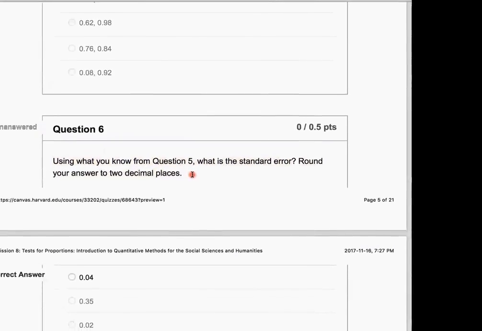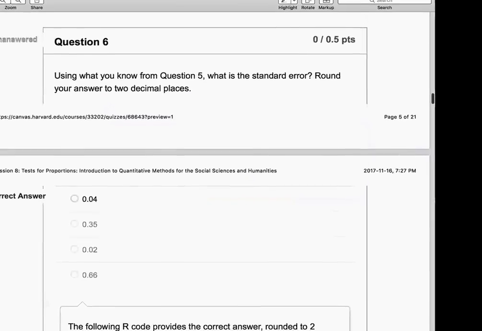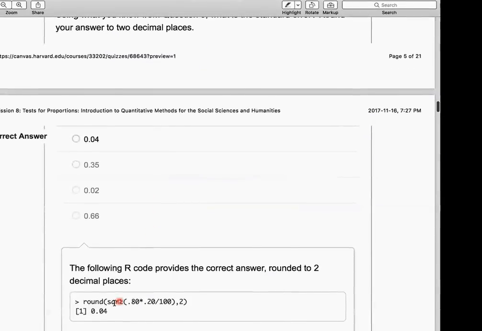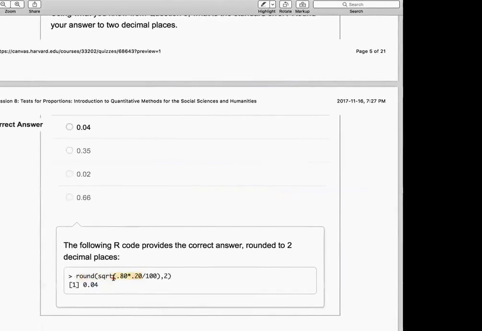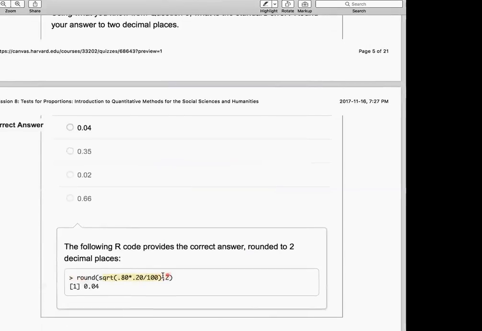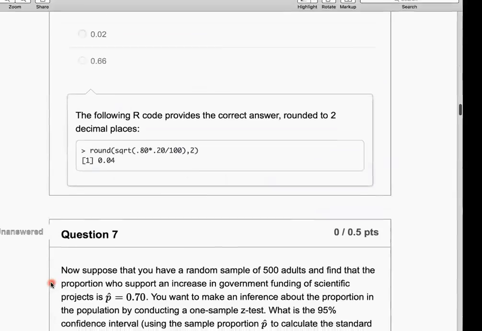But you might want to be a little more careful if you want a rounded estimate to 2 decimal places. I show that using the p hat again and multiplying it by its inverse, then dividing by the sample size and taking that square root. Then you round that square root to 2 decimal places. That's how you get your standard error.